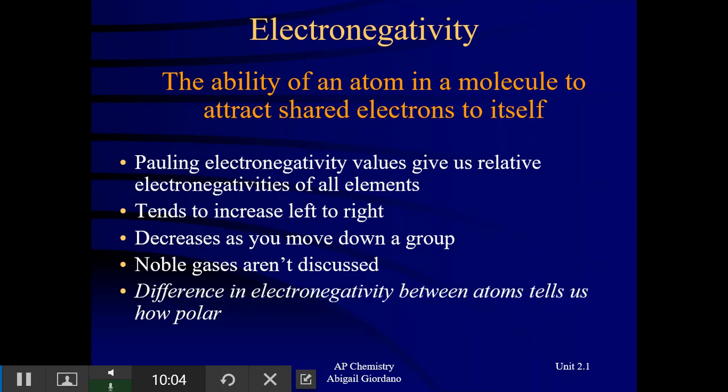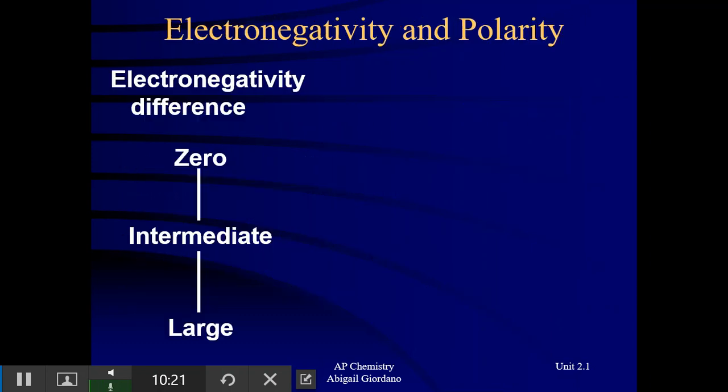However, guys, these actual values are less important. What is more important is the difference in those values between the two atoms involved in the bond. So the difference in electronegativity is the key here, okay?